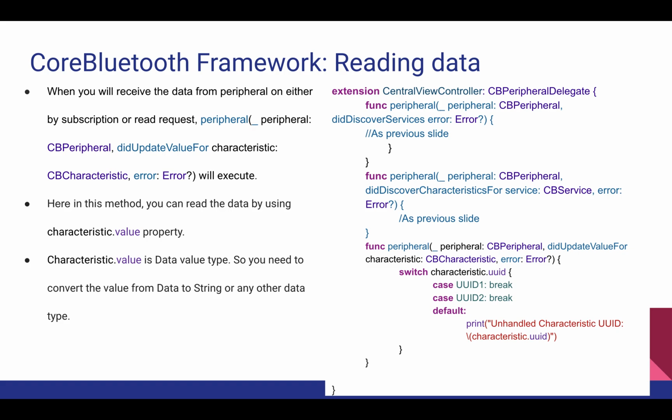Here you can read that value by the characteristic.value property. This property gives you the data in binary form, and you can convert the binary to other data types.